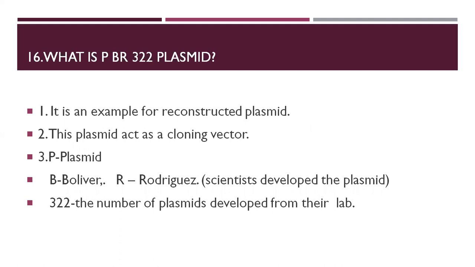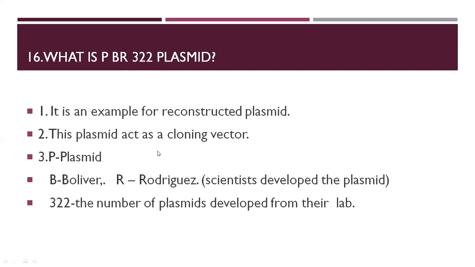Then next question for you. What is PBR322 plasmid? You know plasmid, the non-genomic DNA or extrachromosomal DNA present in the cytoplasm of the bacteria. This PBR322 plasmid is an example for a reconstructed plasmid in the lab.